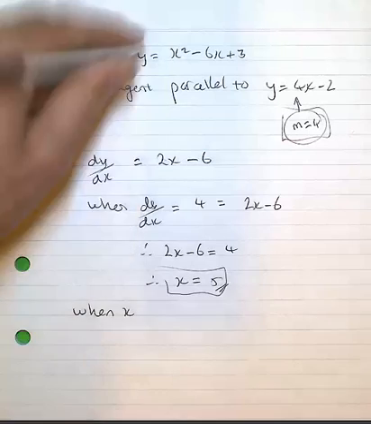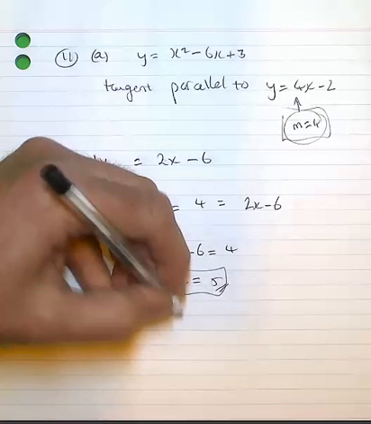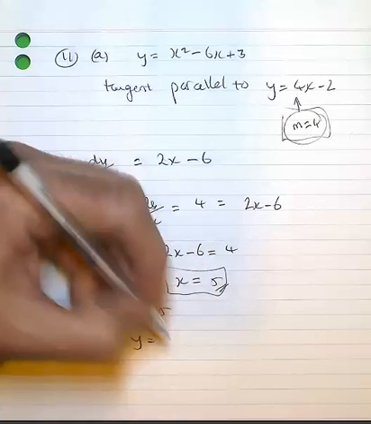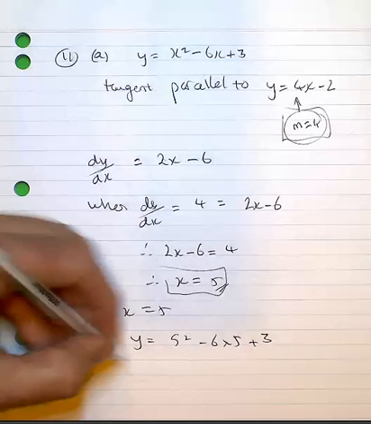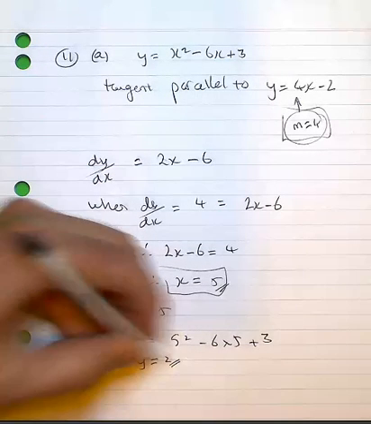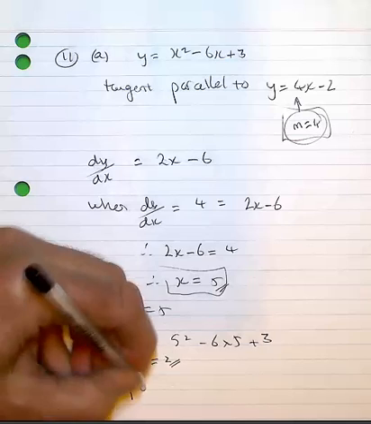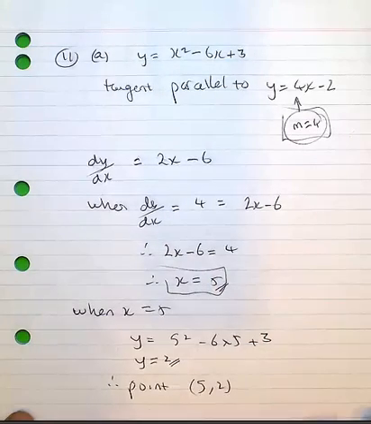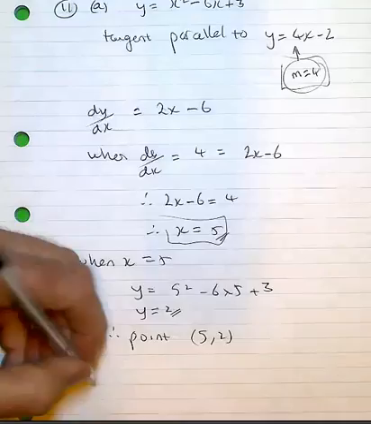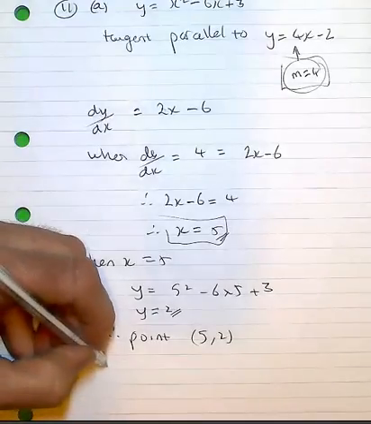So I substitute back into the original function. So I therefore have the point 5, 2, and I'll find the equation, I should say, at that point.